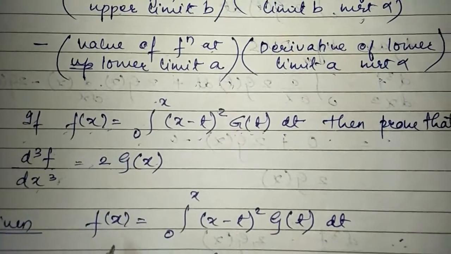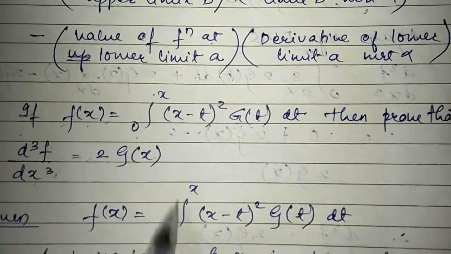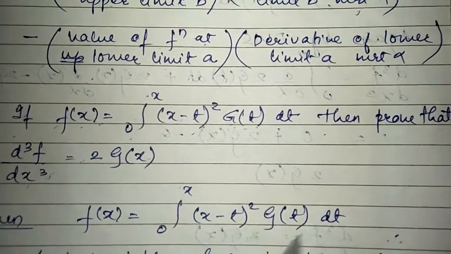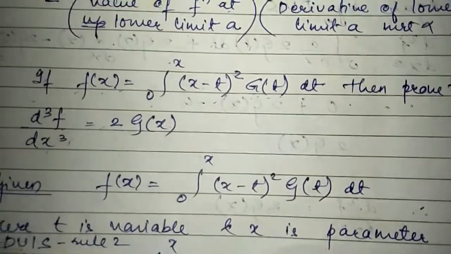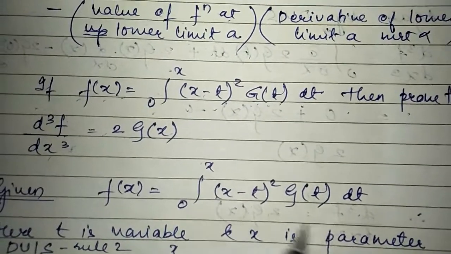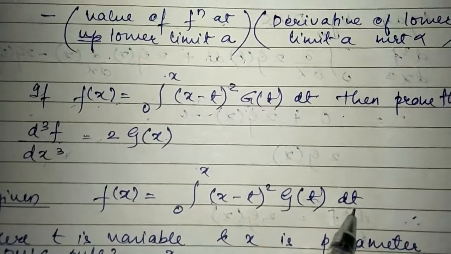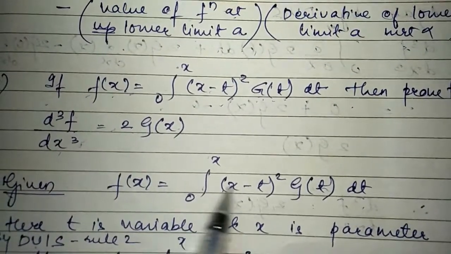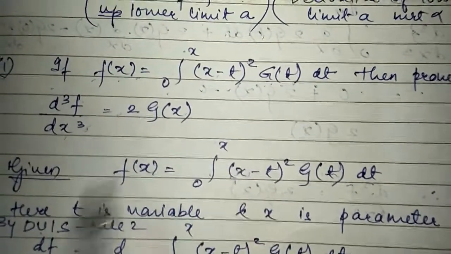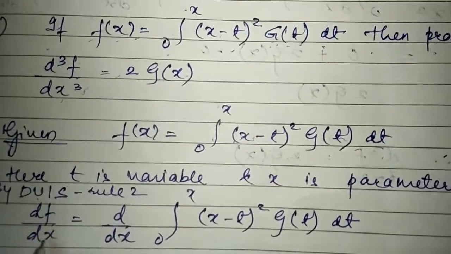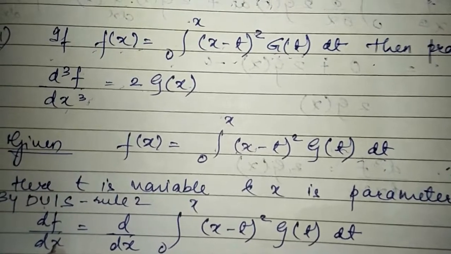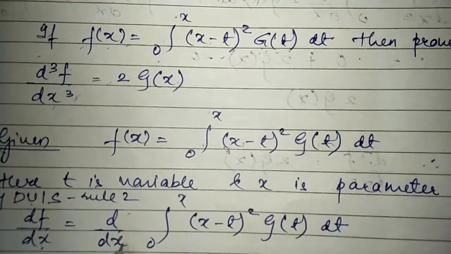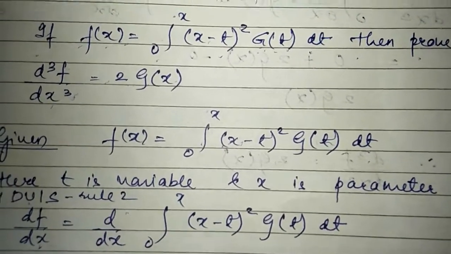What is given is f(x) equal to the integral from 0 to x of (x minus t) whole square into g(t) dt. Here t is the variable and x is the parameter. So we'll apply the second rule, and as per this rule df by dx, because x is the parameter, is equal to d by dx of the given integral.